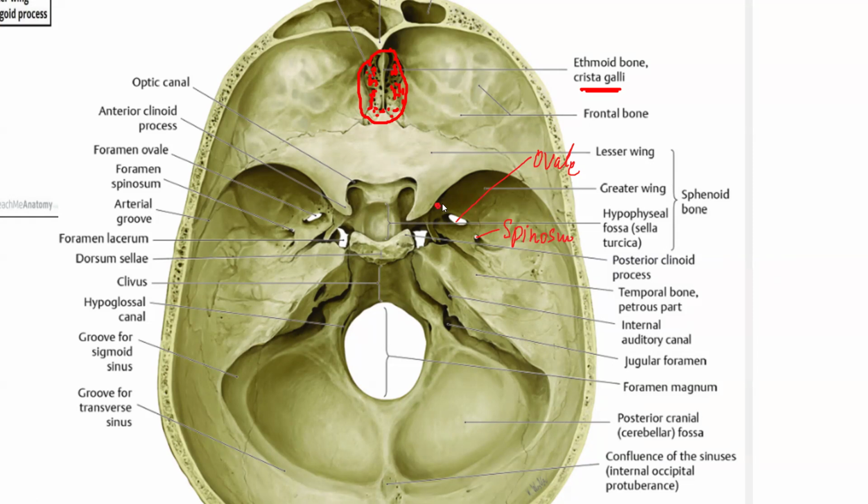Here we have the foramen rotundum, and here we have the foramen lacerum. So you can remember ROSE, rose. So rotundum, ovale, spinosum. And then in the middle, it is lacerum. Okay. So rose for the lady. So the lady is in the middle. So we have a rose, right? So ROS, rotundum, ovale, spinosum, and lacerum. Okay.